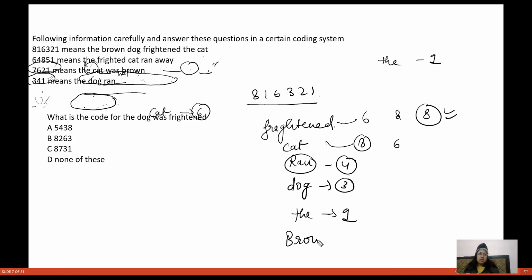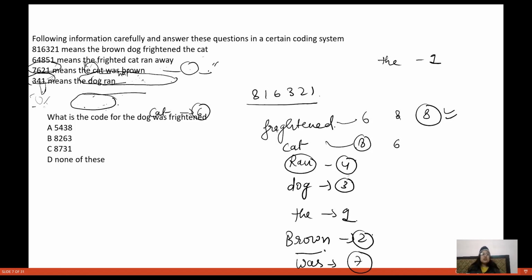So the brown is 2, because in this one we have 2 common with this one. Which other word is left? Was is left. Was is 7, because the only word left here is 7. So now we have reduced each and every word.